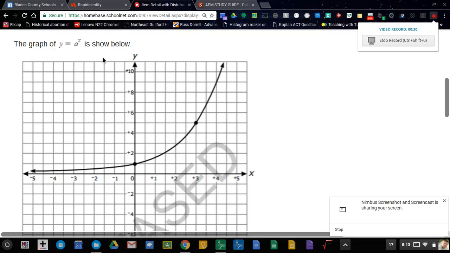So just for review, before we even look at the rest of the problem, what does that tell you about the value of a? What kind of values can a take on? A has to be what? Positive is good.